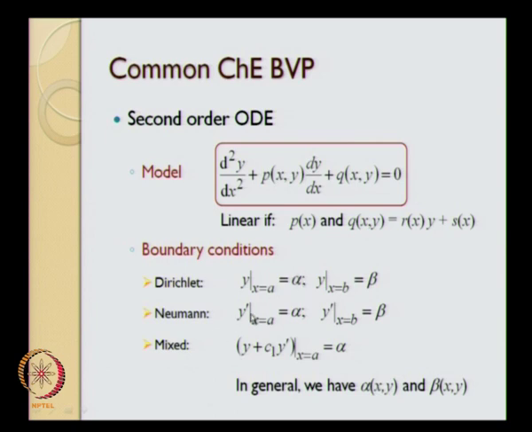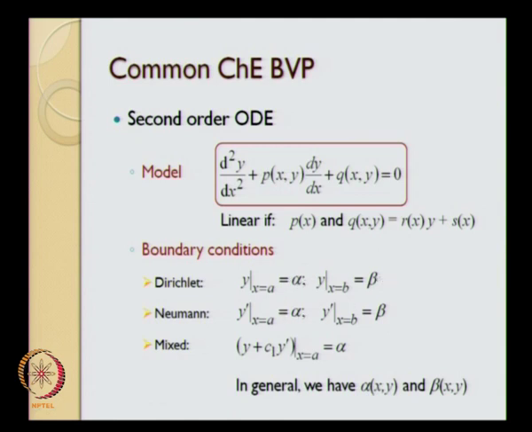The Neumann boundary condition is where y dash is specified instead of y. A mixed boundary condition is where a linear combination of y and y dash is specified at one of the ends. And in general, alpha and beta can be functions of x and y.